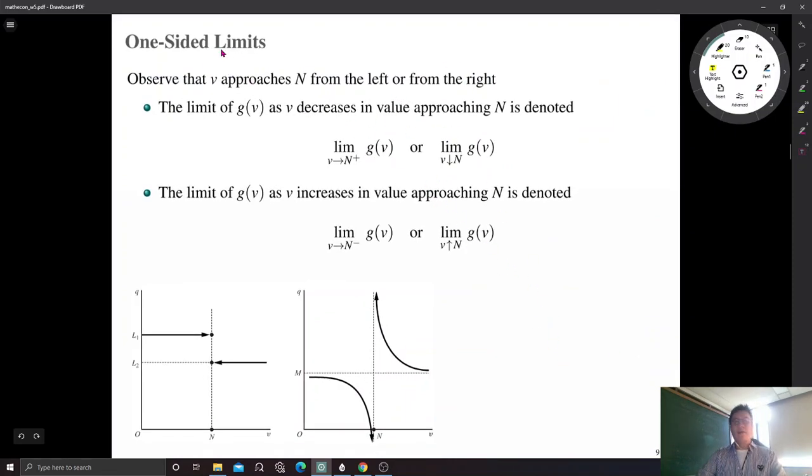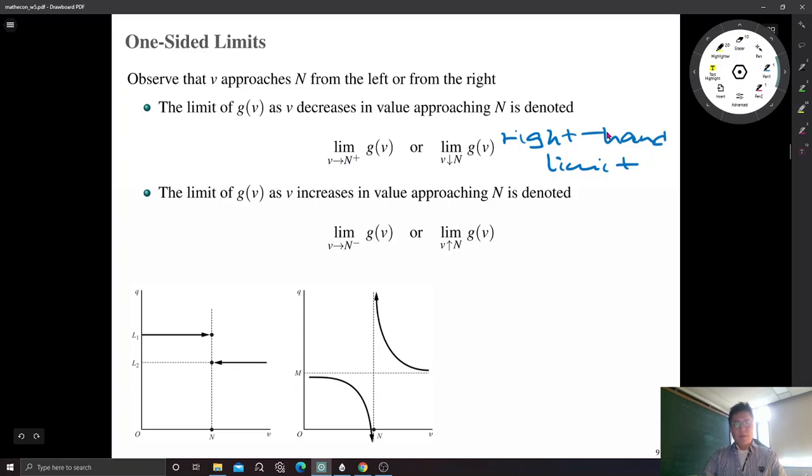So the basic idea of one-sided limits is v can approach number n from the left or from the right. So if v approaches number n from the right, we call that limit the right-hand limit. And to distinguish from the normal limit, we put the positive sign here.